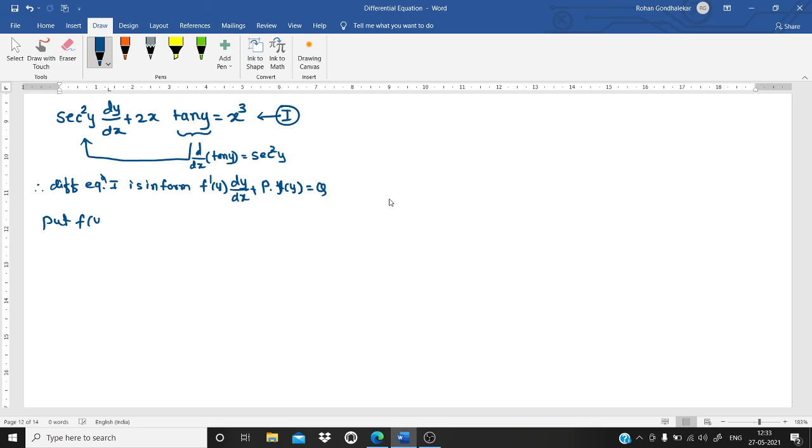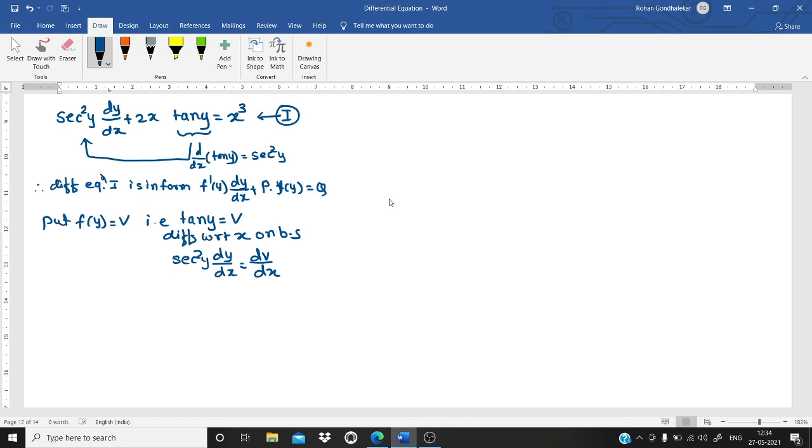Put f of y is equal to v, that is tan y is equal to v. Differentiate with respect to x on both sides. So derivative of tan y is sec square y into derivative of y with respect to x is equal to derivative of v with respect to x.